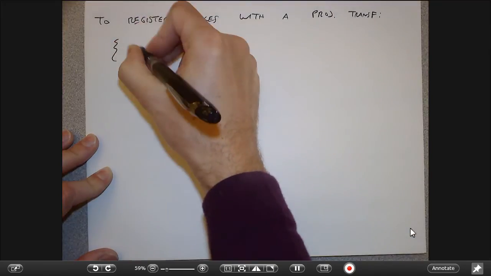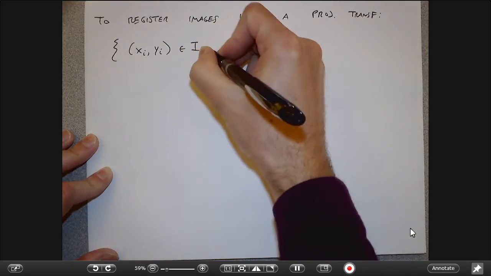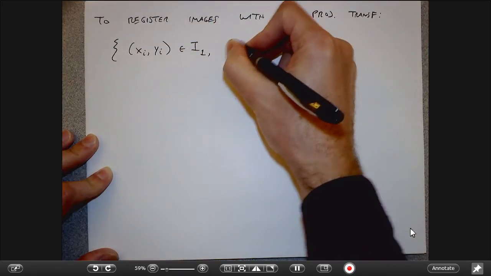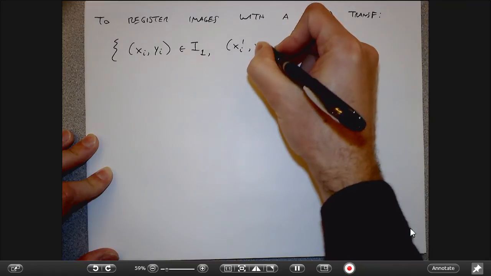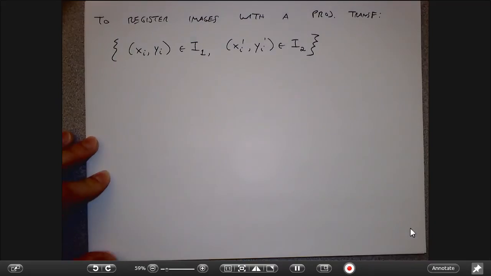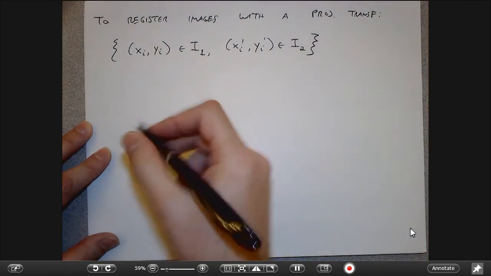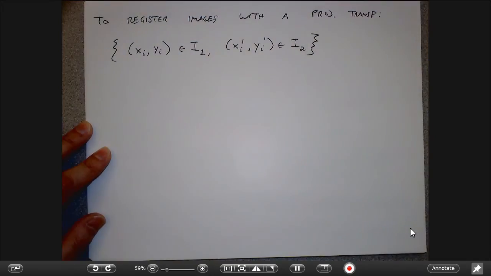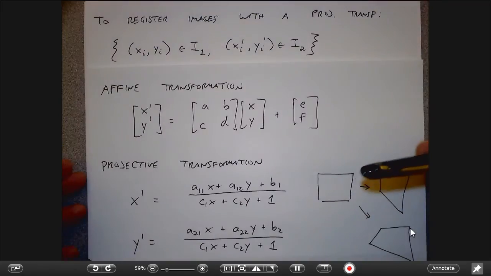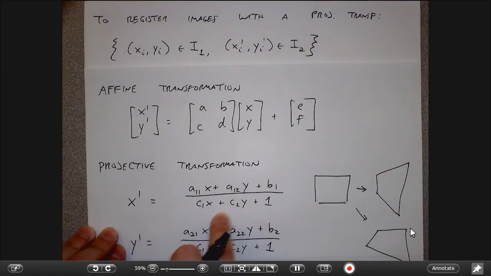What I have is basically a set of correspondences xi, yi in image 1 and let's call them xi prime, yi prime in image 2. Well, let's look back at my projective transformation equation. What I'm going to do is rewrite these equations by bringing the denominator over to the left-hand side. So I'm going to multiply the left-hand side by this.